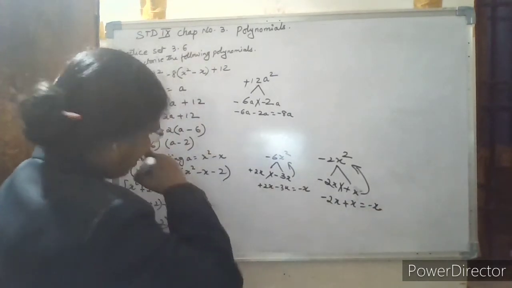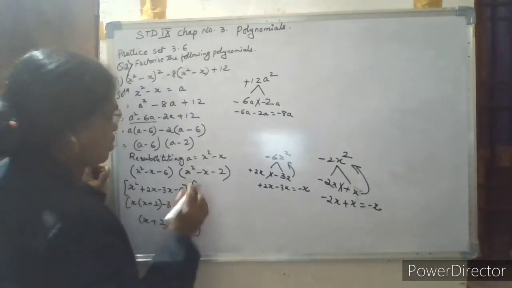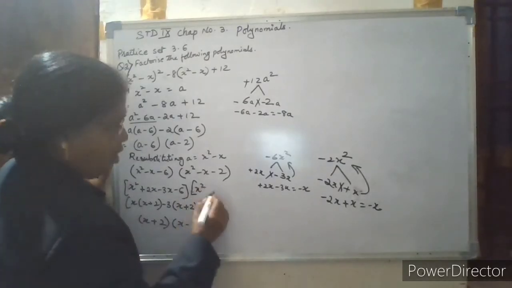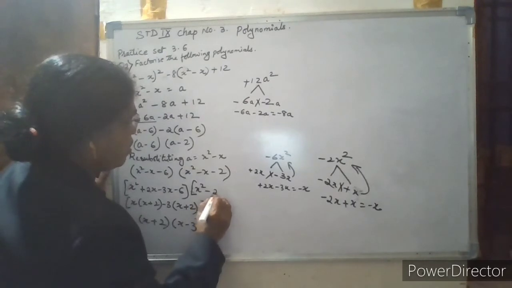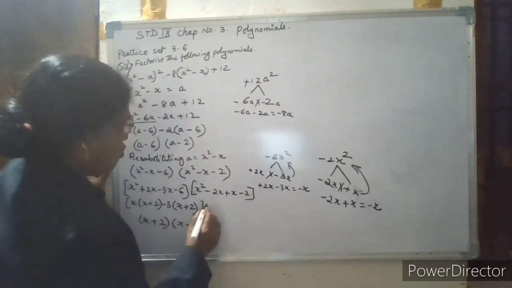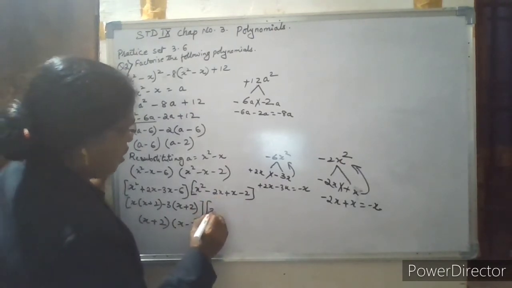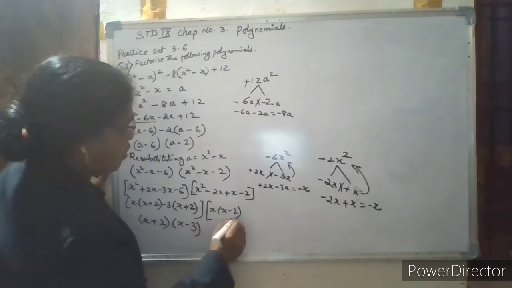This is the middle term. So again this also can be split. So therefore we take this as x squared, then minus 2x plus x and minus 2. So here again, for the first two terms, x into x minus 2 will come out.